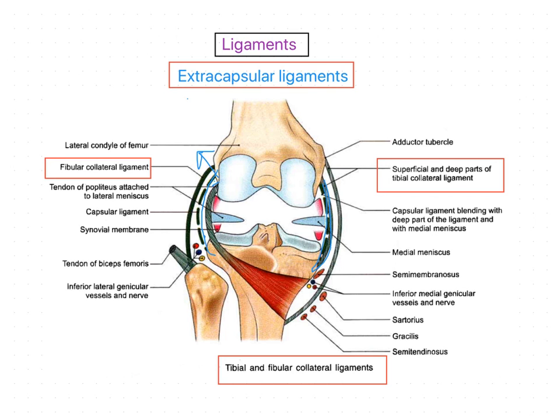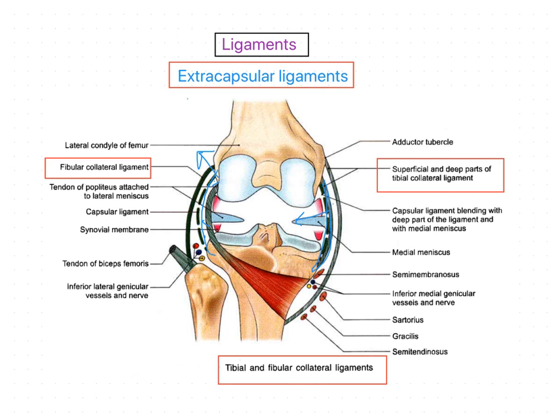The ligaments which are present inside the capsule are called intracapsular ligaments. Around the knee joint there are up to 10 ligaments. Out of these 10 ligaments, 5 are extracapsular and 5 are intracapsular.